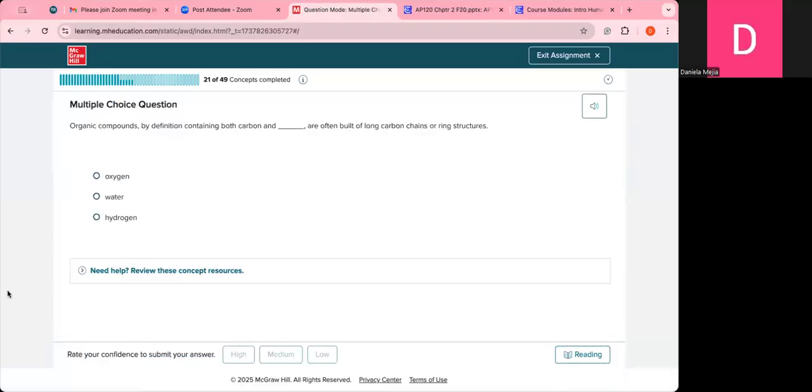Organic compounds, by definition, contain carbon and blank, are often built of long carbon chains or ring structures. So if it's an organic compound, what do I need besides carbon? Carbon and what?